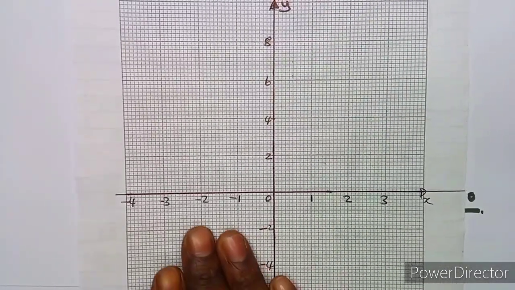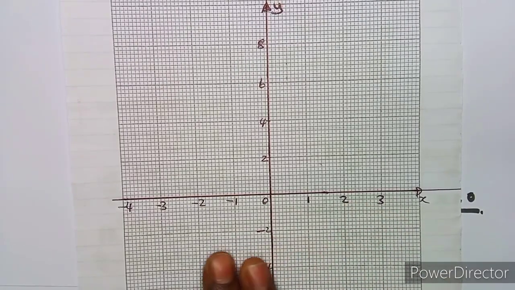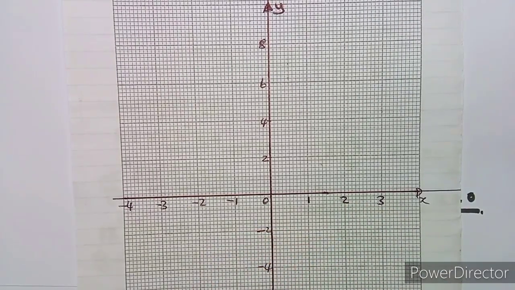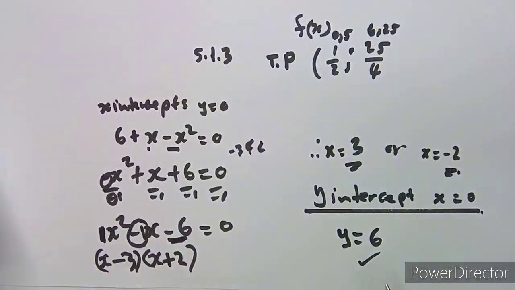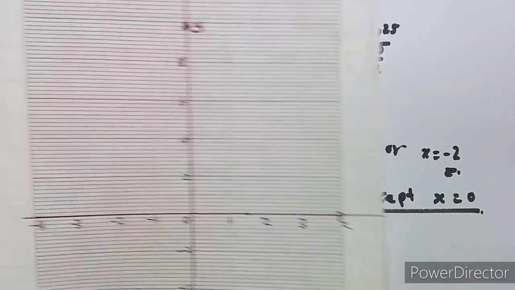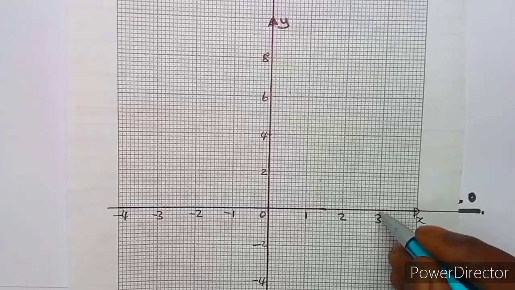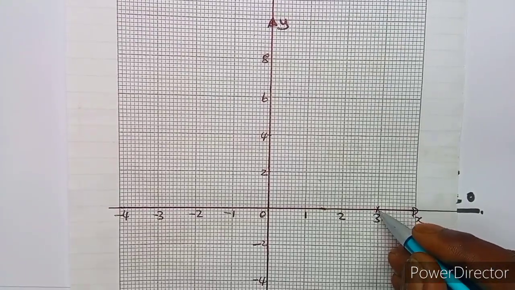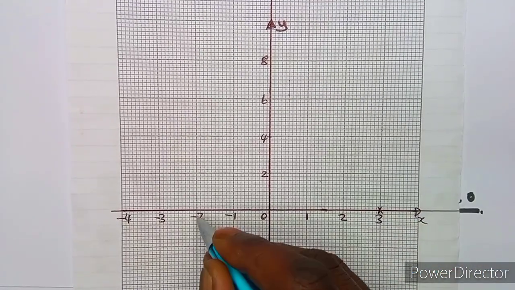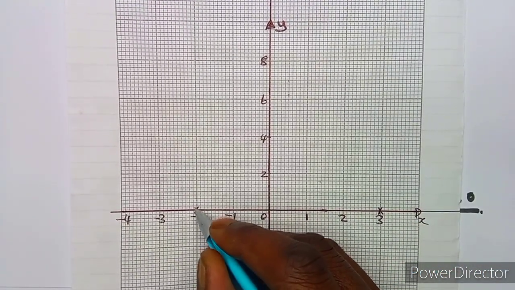So what you just need is to make sure that you divide your graph in a proper way. Okay, then you mark your points properly. In this case, the points that I'm going to mark are the x-intercepts, which are 3 and -2. So I've got 3 and -2. 3 here and -2 here.